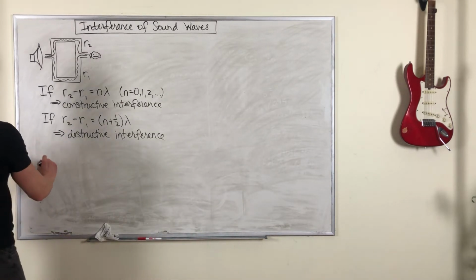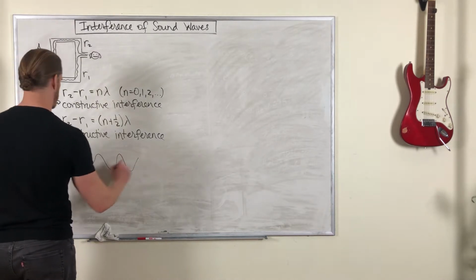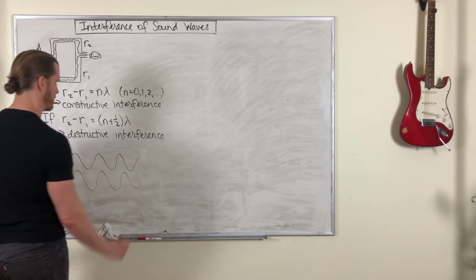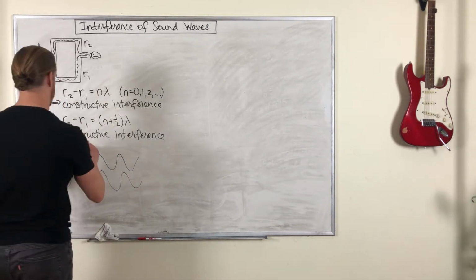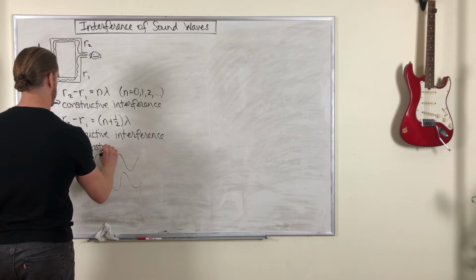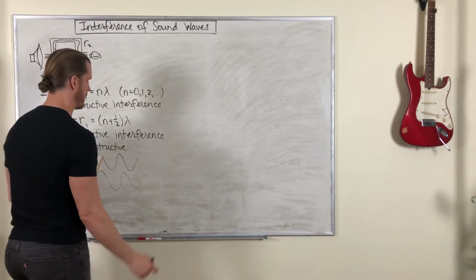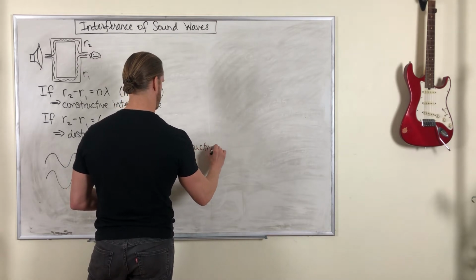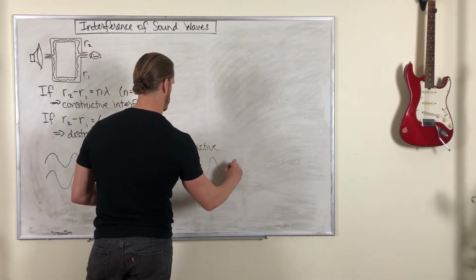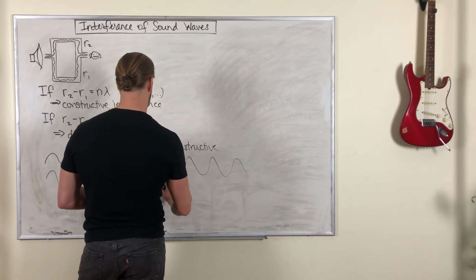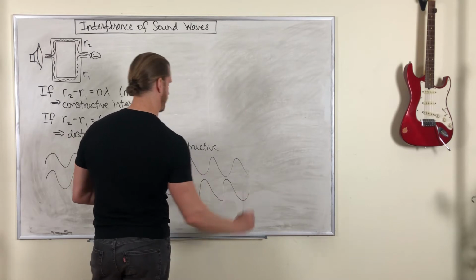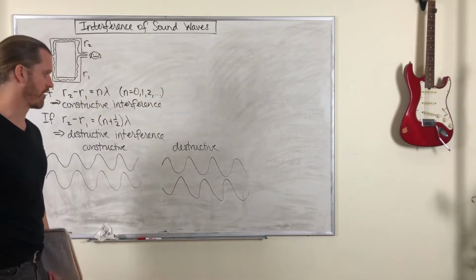The way to think about that is constructive is what happens when you have two sound waves that overlap. And destructive is when you have two sound waves that go in opposite directions.